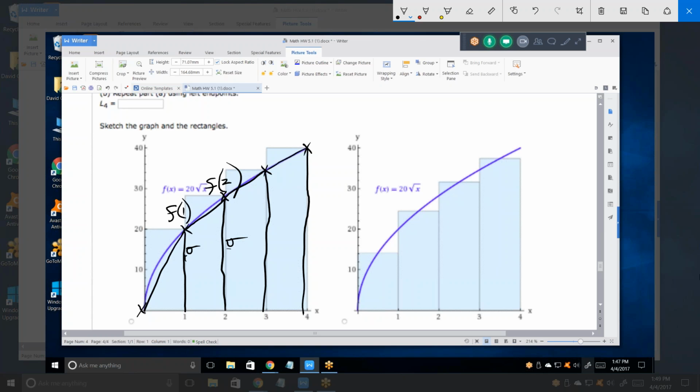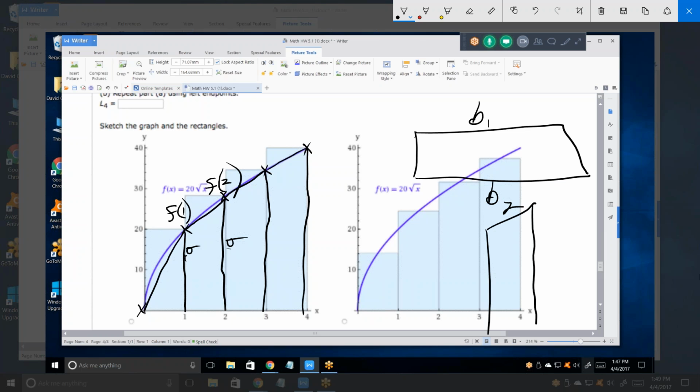In other words, traditionally when you look at trapezoids, you look at trapezoids that are like this, where that's B1 and that's B2. Well, if I turn that on its side like that, now this is B1 and this is B2.